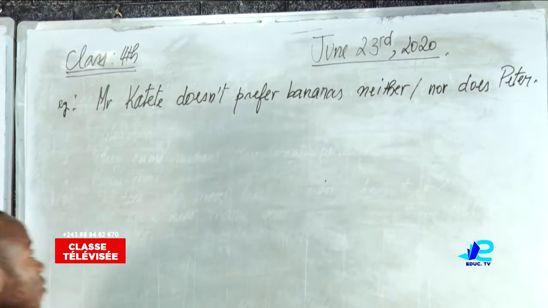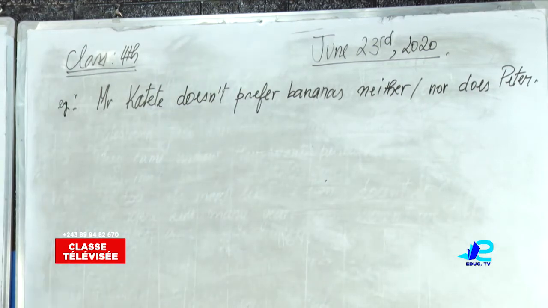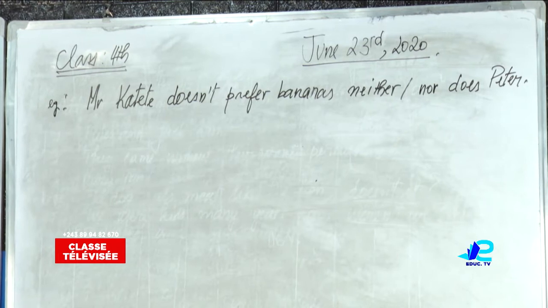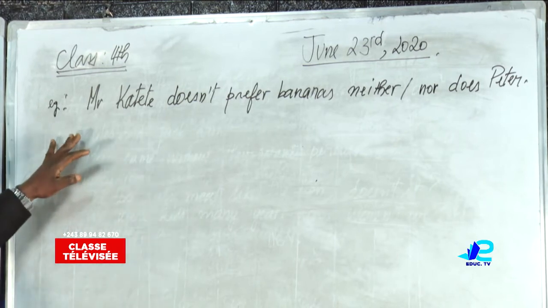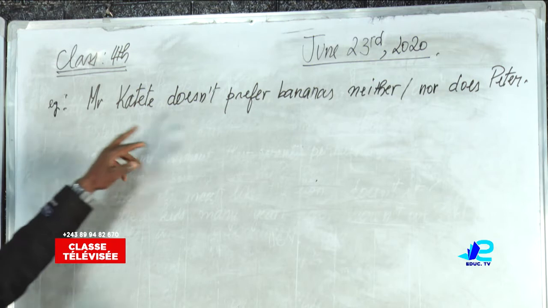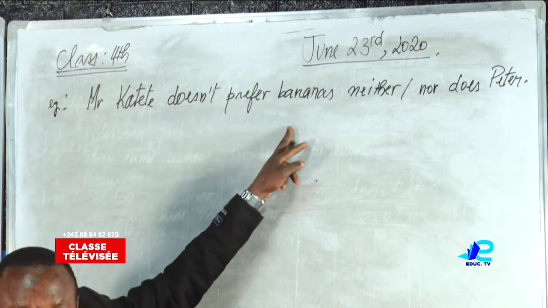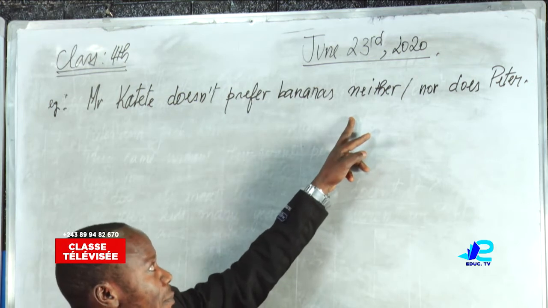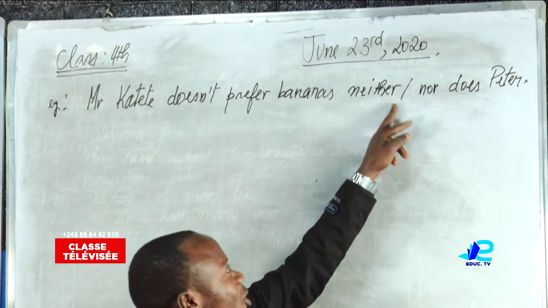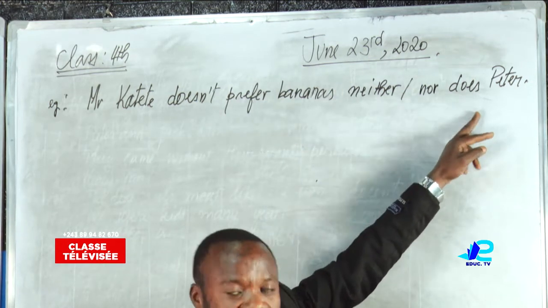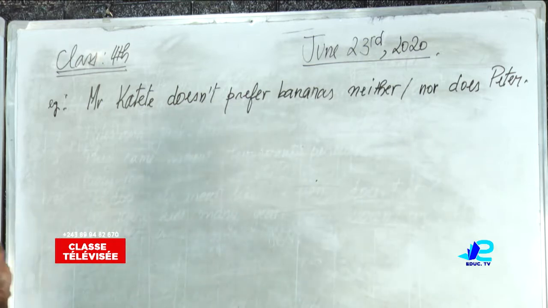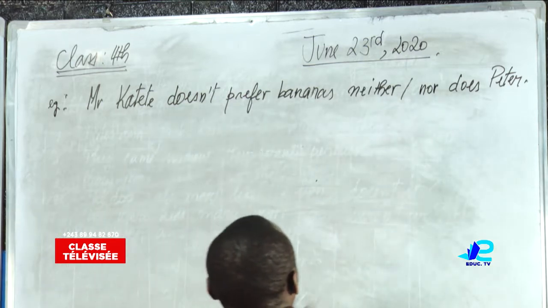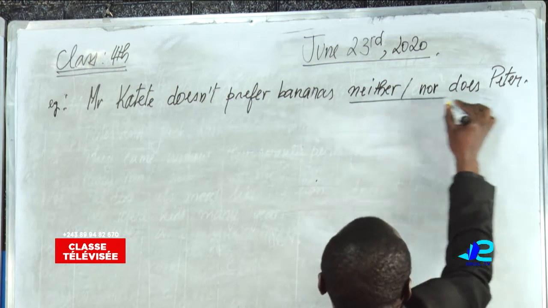Class, look carefully on the board. Look carefully at the sentence on the board. The sentence is, Mr. Katete doesn't prefer bananas, neither nor does Peter. We have a negative. I underline here.